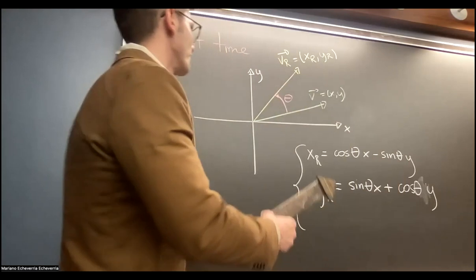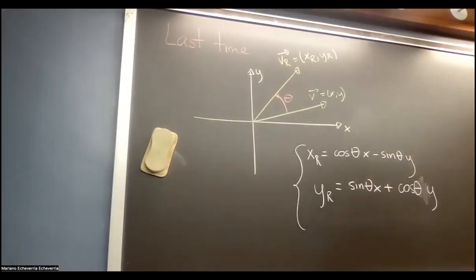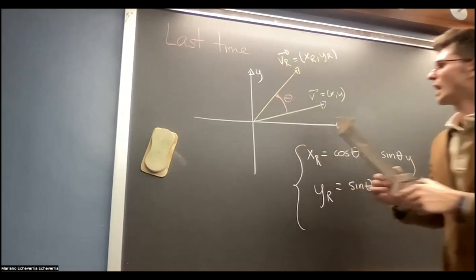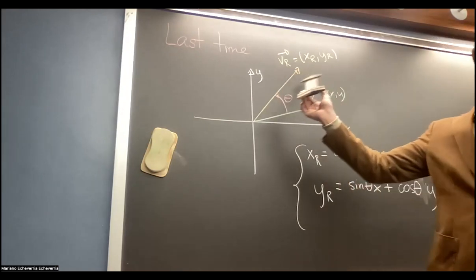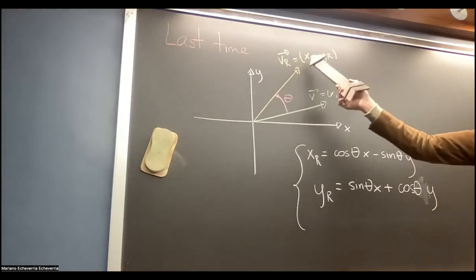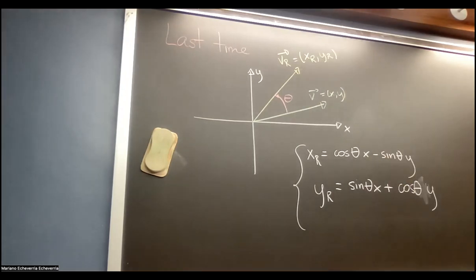The idea of a rotation is that you can take that vector and rotate it counterclockwise by an angle theta, and once you do that, you produce a new vector. We don't know what that vector is, so I'll just call it v sub r. Its new entries are x sub r, y sub r. Again, the r stands for rotation.